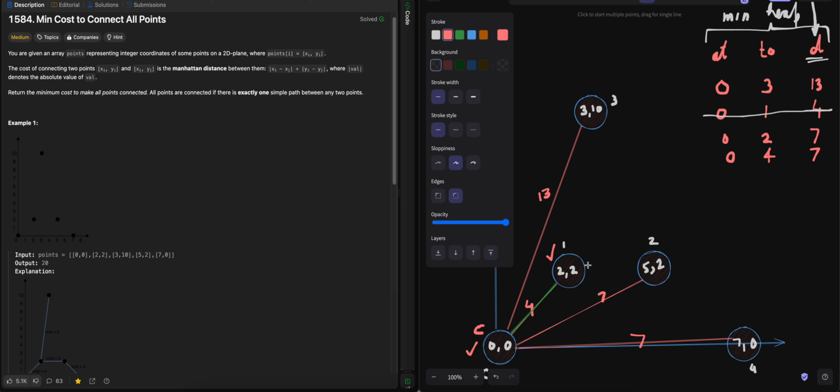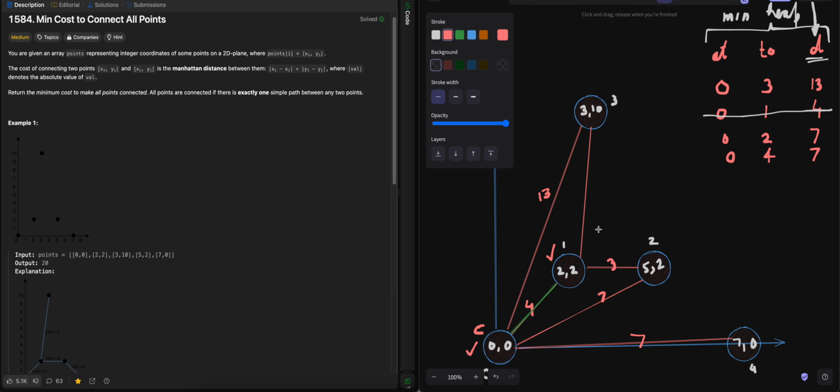Self edges are not required, so from the first node to the second node we check the Manhattan distance. 5 minus 2 is 3 and the other difference is 0, so the Manhattan distance is 3. Now from first to third: 3 minus 2 is 1, plus 8, so this is 9.